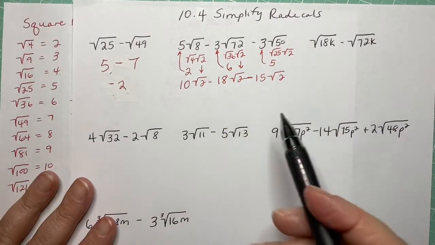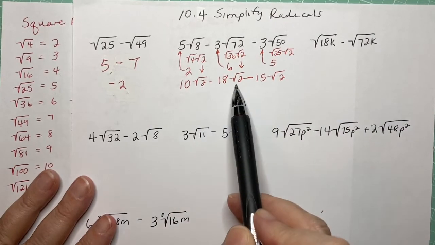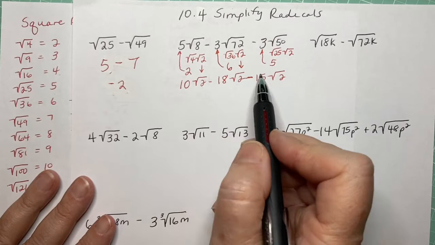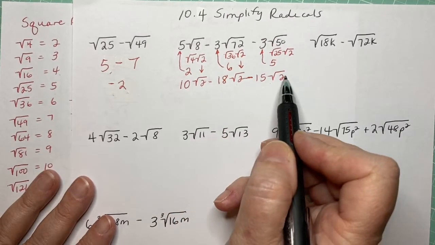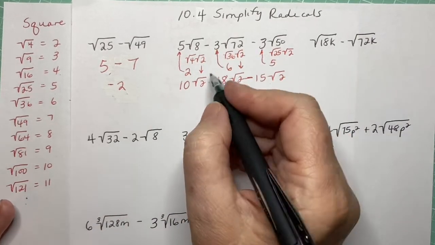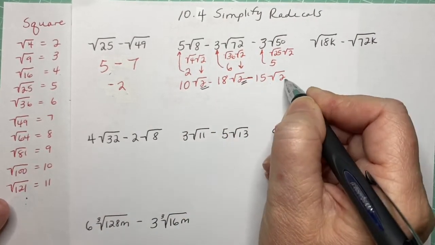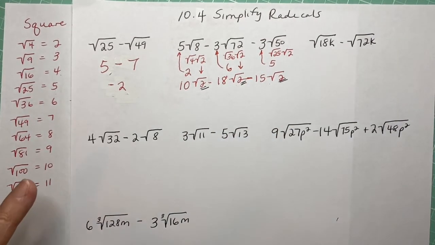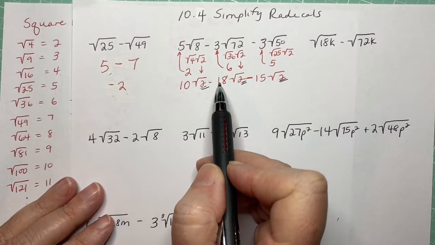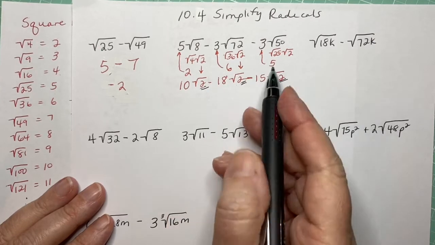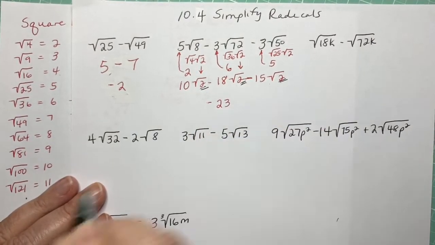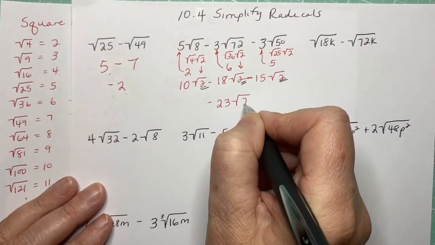And now because these are all the same, like if these were x's, if this was 10x minus 18x minus 15x, you'd be able to combine those all together. And so the same thing is true with radicals. If all of these are the same, which they are, then you can combine those and say 10 minus 18 is -8, and -8 and -15 is -23 square roots of 2.